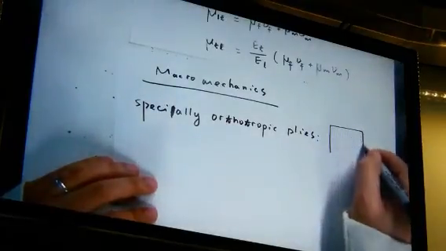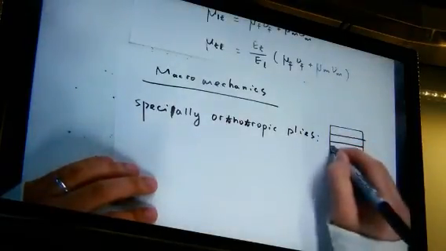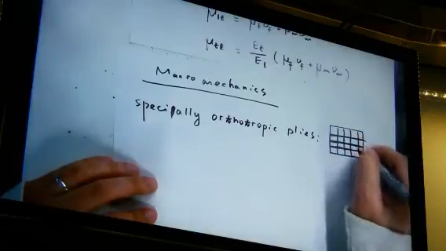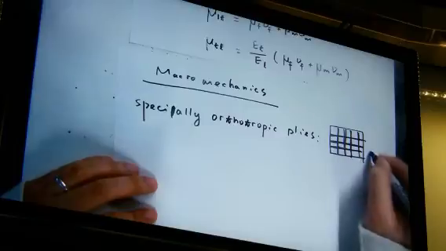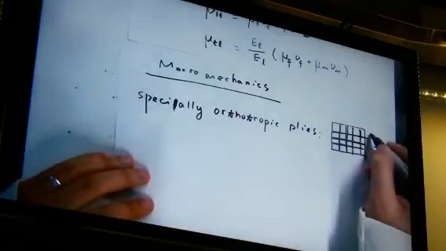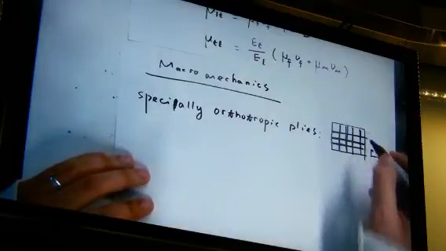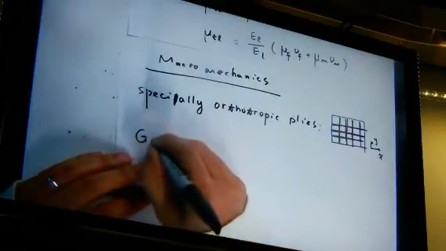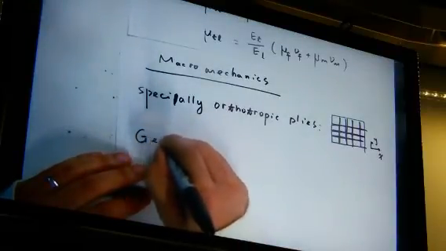This means the filament is along the x and y direction. If this is x, this is y. The filament is along the stress direction because you are going to apply sigma x, sigma y along x and y direction. The second one is so-called generally isotropic.